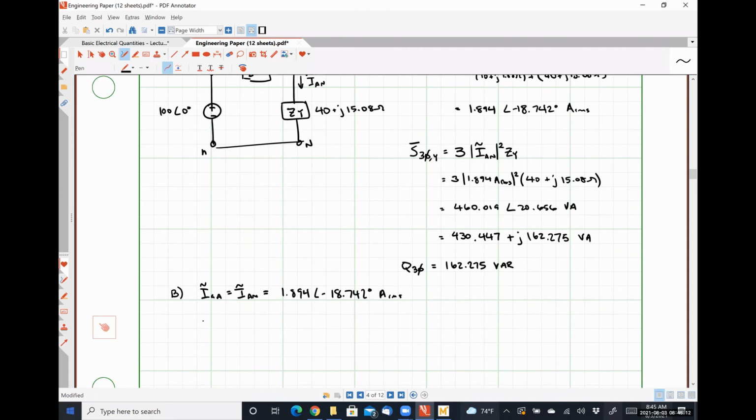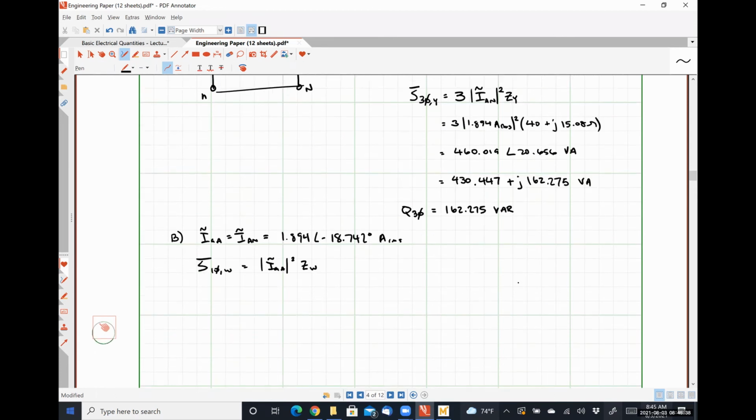And so SW, only one phase, and maybe I should write that, one phase W would be the magnitude of IAA squared times ZW, or 1.894 amps RMS squared times 10 plus j 1.88 ohms. Since we're looking for the average power, we could just multiply by the real part of the impedance, and that would be our answer anyway. But just for the sake of argument here, I need to do some math.